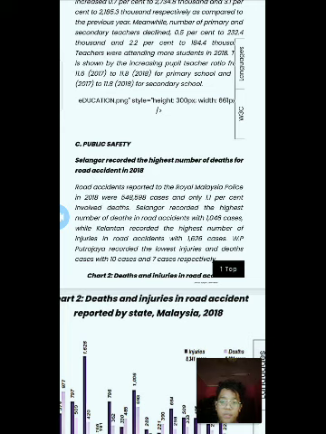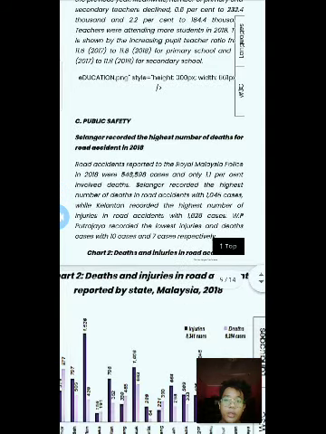For the next one is public safety. Selangor recorded the highest number of deaths in road accidents in 2018. Road accidents reported to the Royal Malaysia Police in 2018 were 584,598 cases and only 1.1% involved deaths.